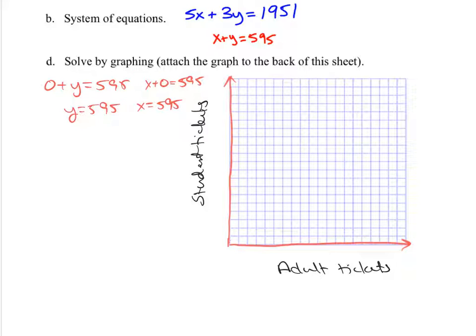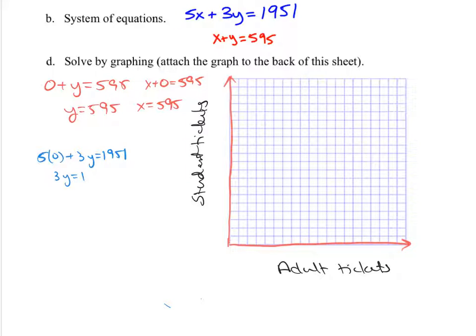Now also in that second equation, the blue one, let's do the x and y intercepts there as well. So I'm going to cover up or put a 0 in for x first. And I get 3y equals 1,951.